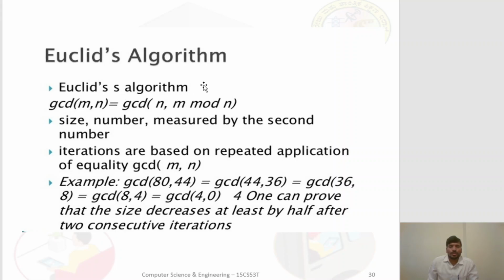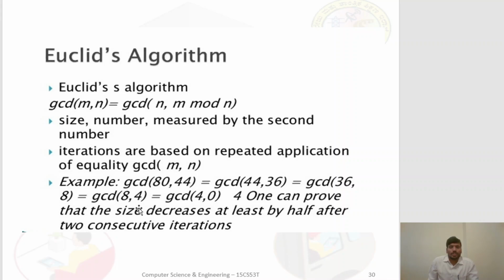So the size is measured by the second number and iterations are based on repeated application of the equality of GCD of m comma n. So let us see how it works.